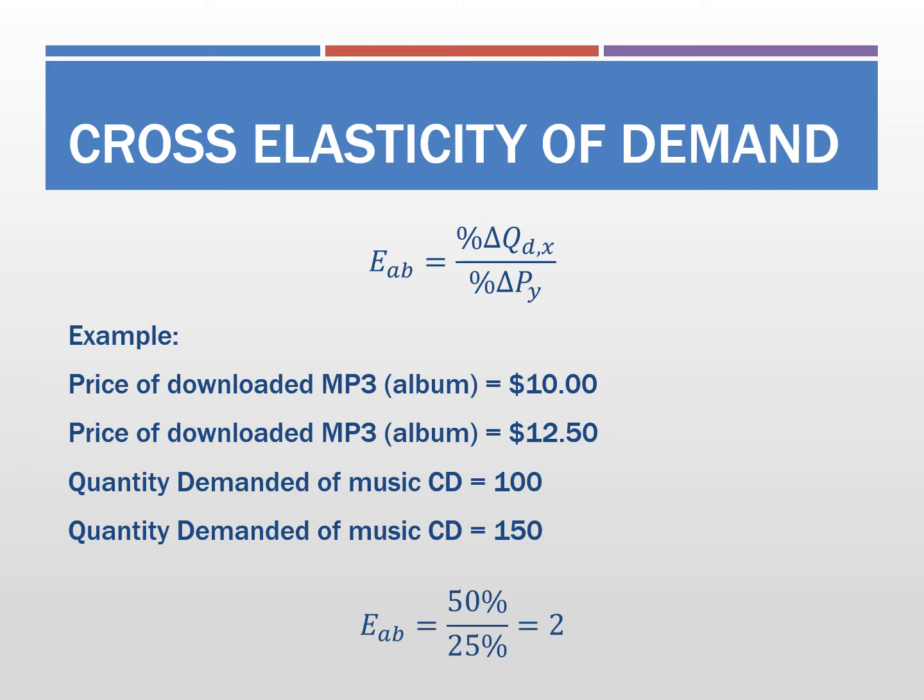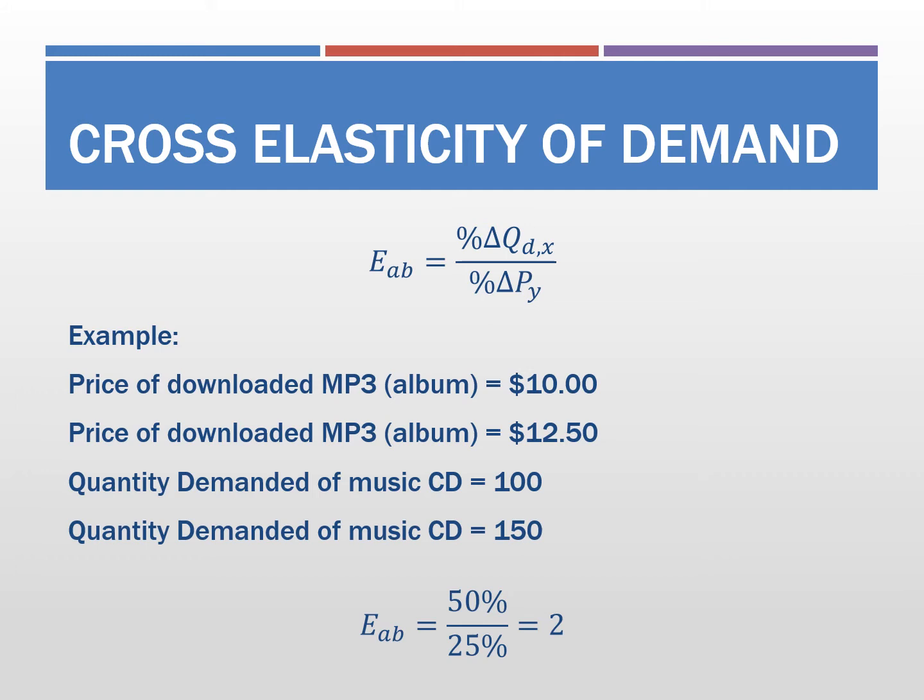At the same time, the quantity demanded for music CD increased by 50%. So we combine the two answers, and we get the cross-price elasticity of demand between MP3 albums online and music CD, which is equal to 2.